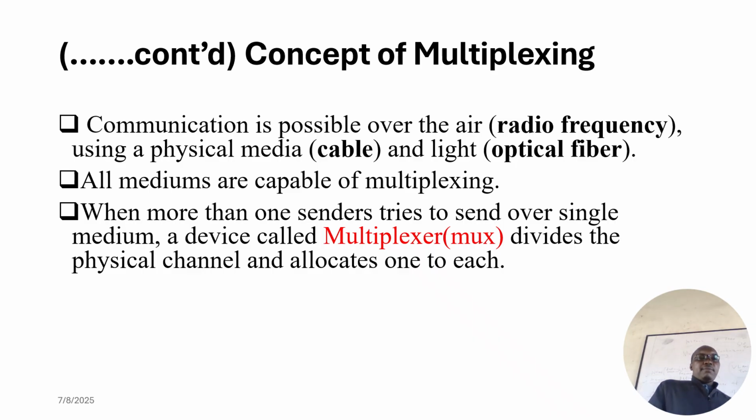the unique thing about light, and that's why we have talked about categorization, which are three, and among the categories of multiplexing, we talked about WDM. WDM applies to fiber because light is an electromagnetic wave.